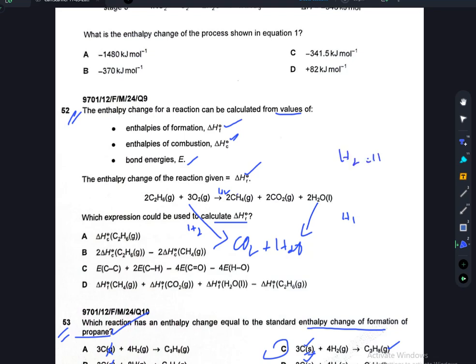H2 is equal to H1 plus HR. H2 minus H1 is equal to HR. For H2 there are 2 moles of ethane being combusted, and 2 moles of methane are being combusted, and these are being subtracted here. So B is your right answer.